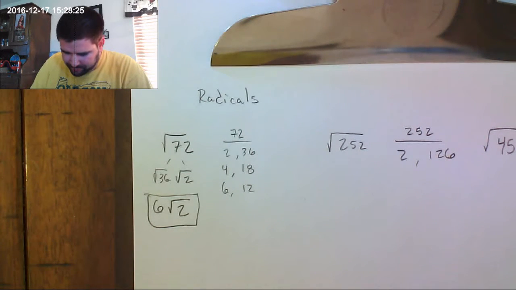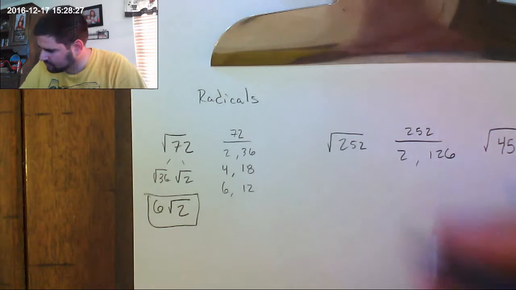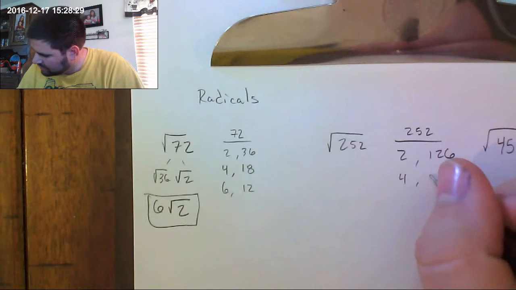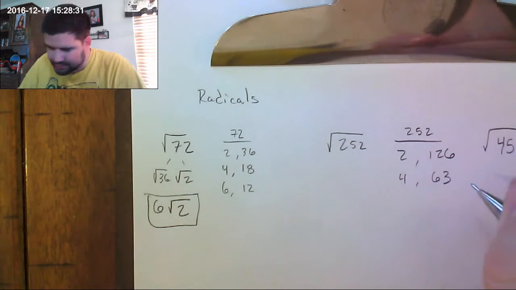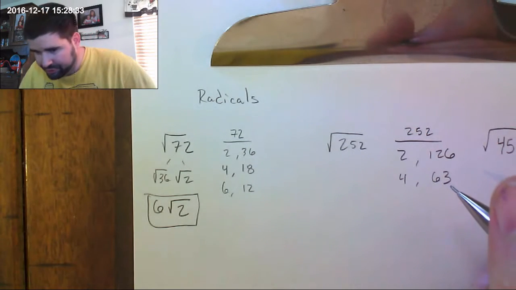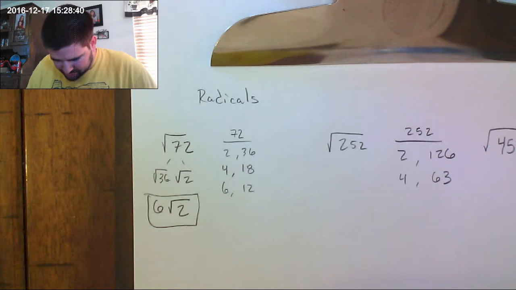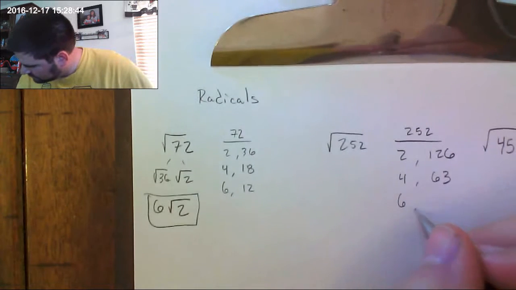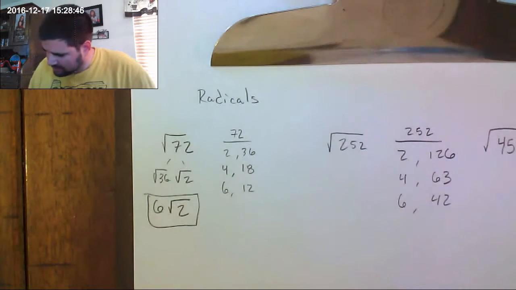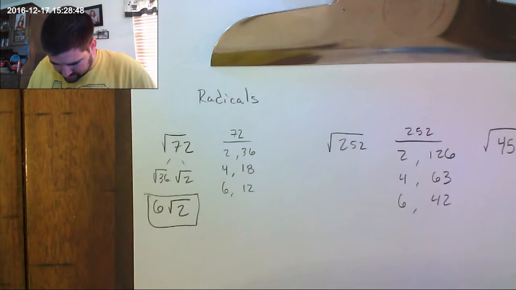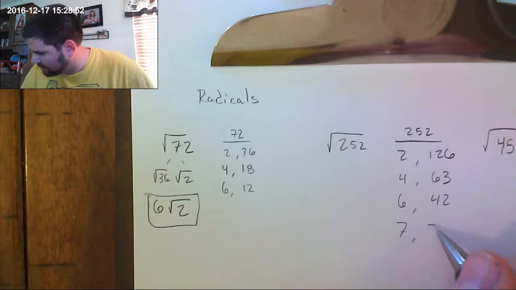I guess we could always do 4. 63. That looks interesting. And then let's see. Let's try 6. 6 works. Okay. Let's try 7. 7 works. 7 and 36.